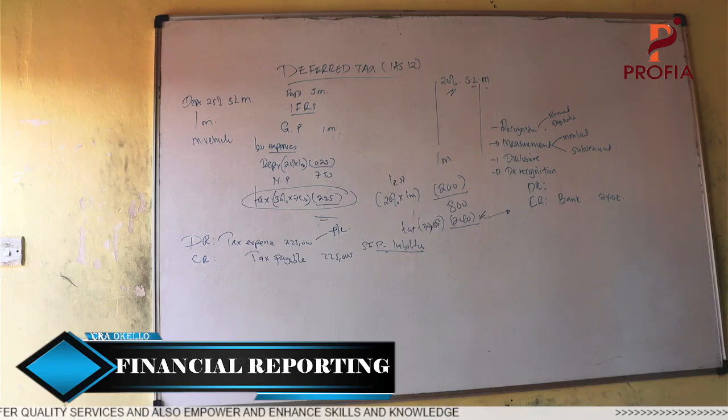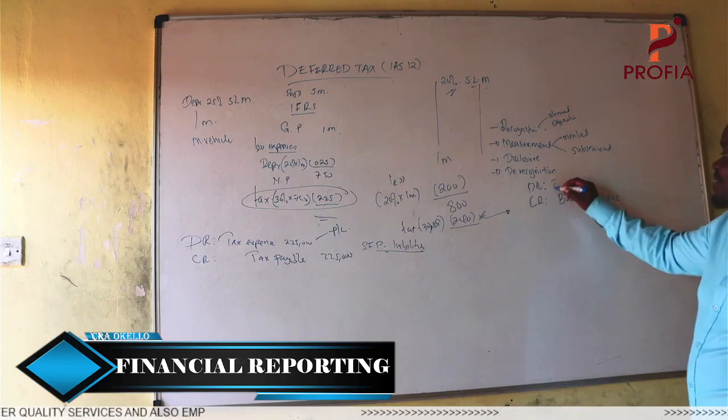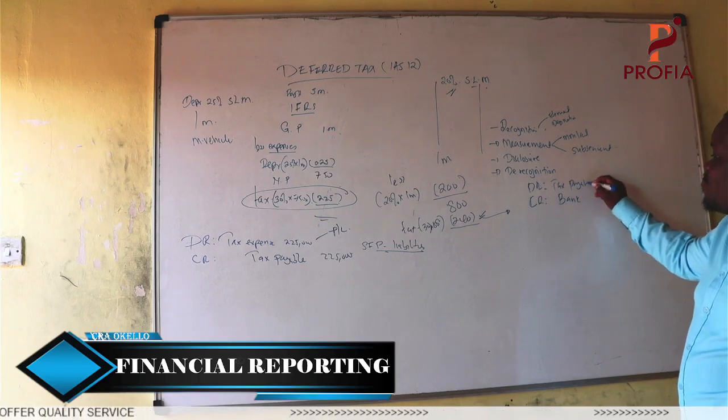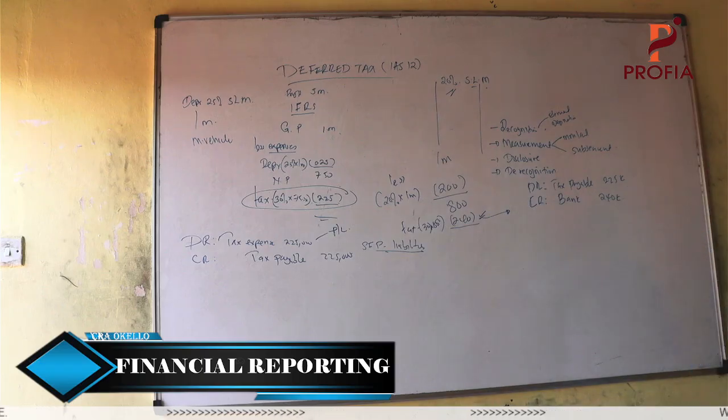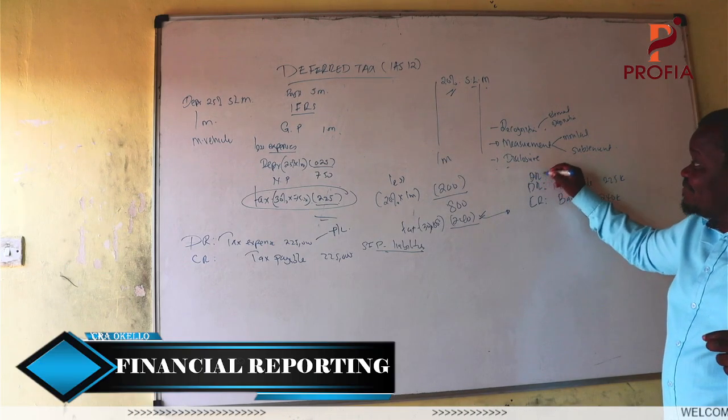Tax payable. You're sure? So here I write tax payable. How much? 225. See, for the 225 you had already allocated it. What about the difference? Where will you get it from?